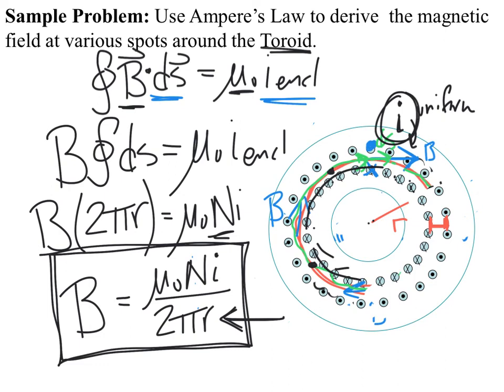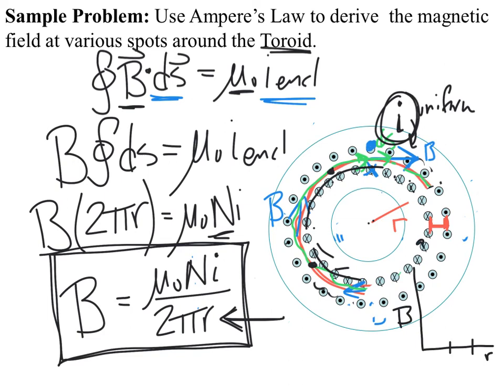We can think about what that might look like if we were to graph it. Let's do a quick graph here, just over here in the corner, looking at my magnetic field as a function of r. And notice I have an inner and an outer radius for my toroid.